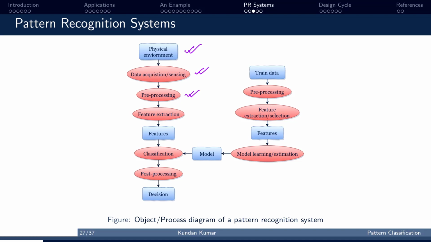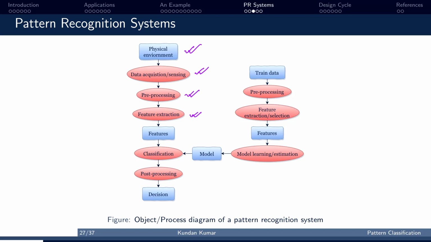Okay, the data that we have collected from the environment, after pre-processing we extract some useful features, so that the features are very useful to segregate between two or more classes.